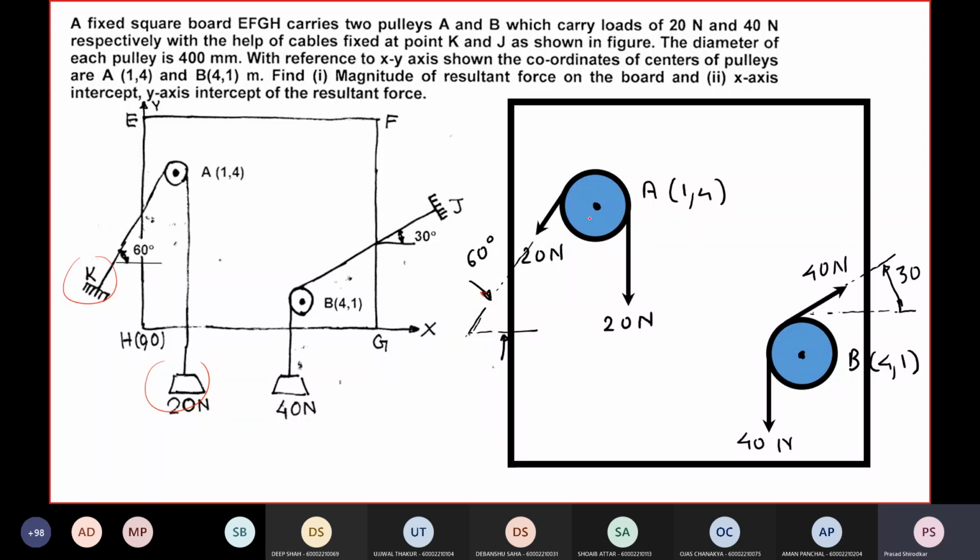Now I am going to transfer this force to the center. And when I transfer it, I can simply write it as this is 20 Newton and this is 20 Newton vertical. And this is 40 newtons and this is 40 newtons. Can I do that? Is that okay?